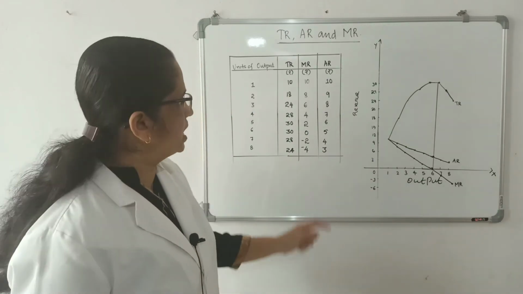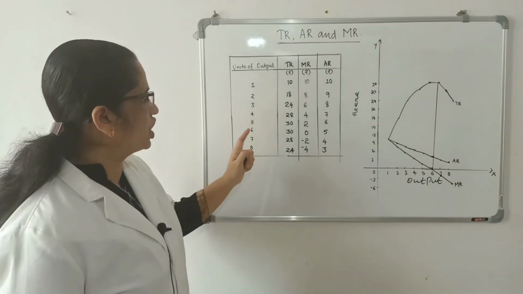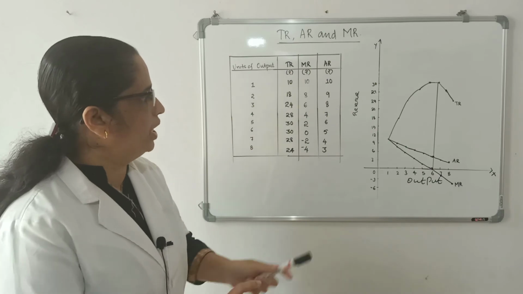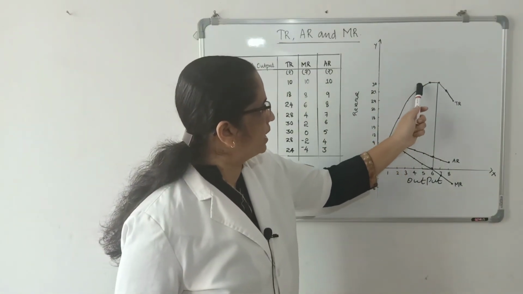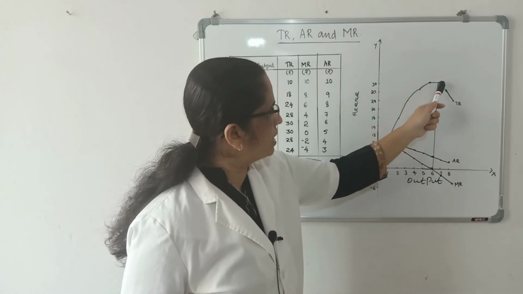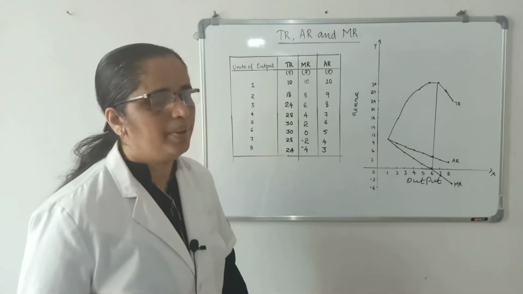Once again, let me conclude by observing the relationship between total and marginal. When total increases, the shape is increasing, reaching a maximum and then declining.